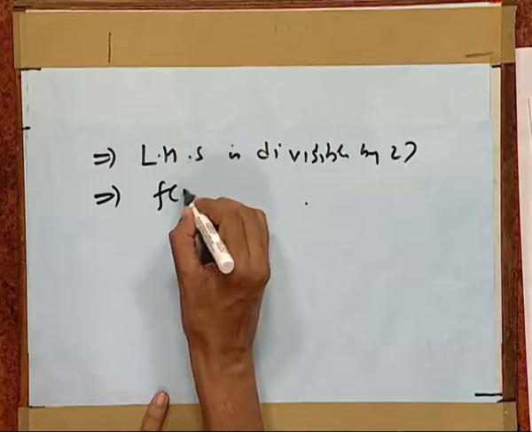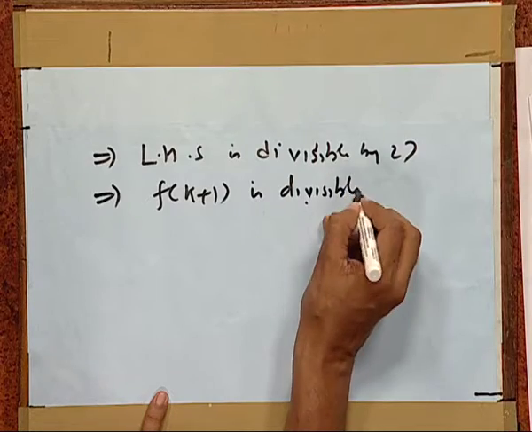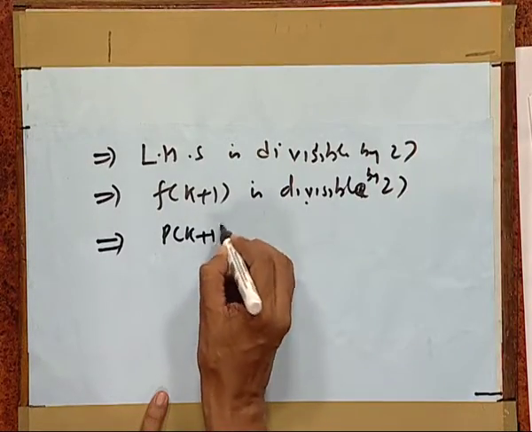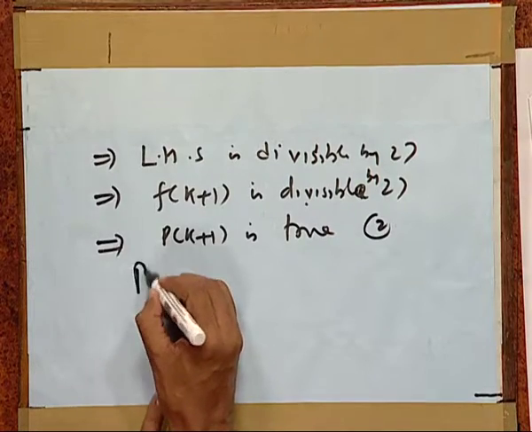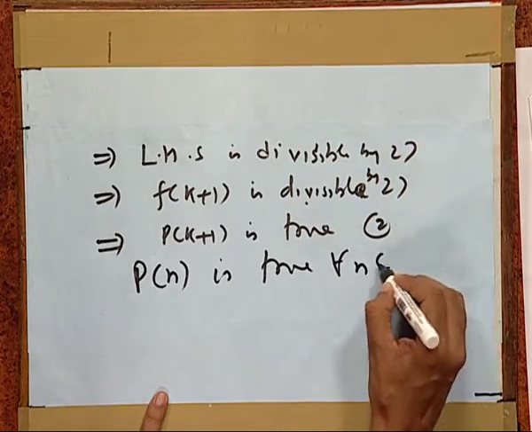That means f(k plus 1) is divisible by 27. This means P(k plus 1) is true. Hence, we can claim that by mathematical induction, P(n) is true for all n belonging to N. So, we have given two examples on divisibility using mathematical induction.